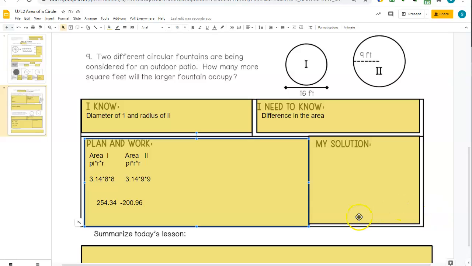And we get 53.38 square feet. So the difference, we could say fountain 2 is 53.38 square feet bigger.